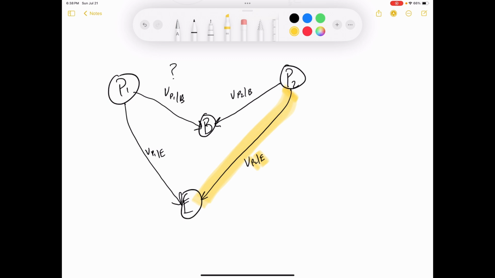Think of this as the numerator and denominator. Start at the numerator and move to the denominator. Okay, so and over here, the velocity of P1 versus the Earth. You start at P1 and you move to the Earth, and so that arrow is pointing from, for example, P1 to E. It's pointing in that direction.